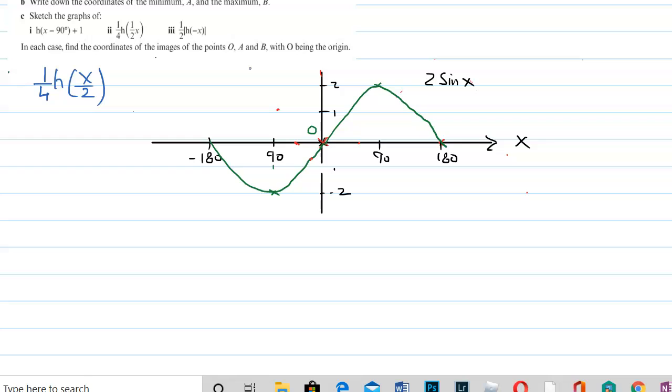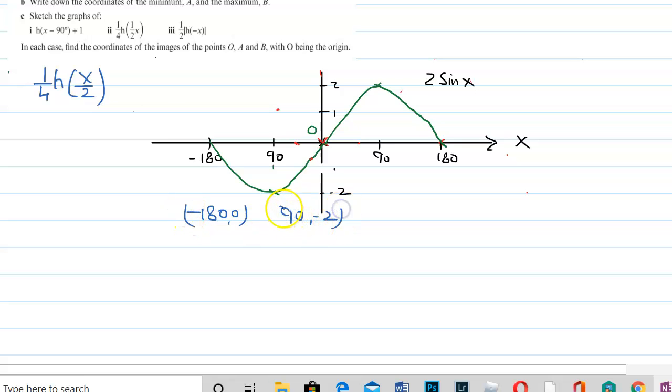This is your second part. So part C, second question is 1/4 h(x over 2). Now same as before, we write these coordinates: -180 and 0, -90 and -2, 0 and 0, 90 at 2, and 180 at 0.